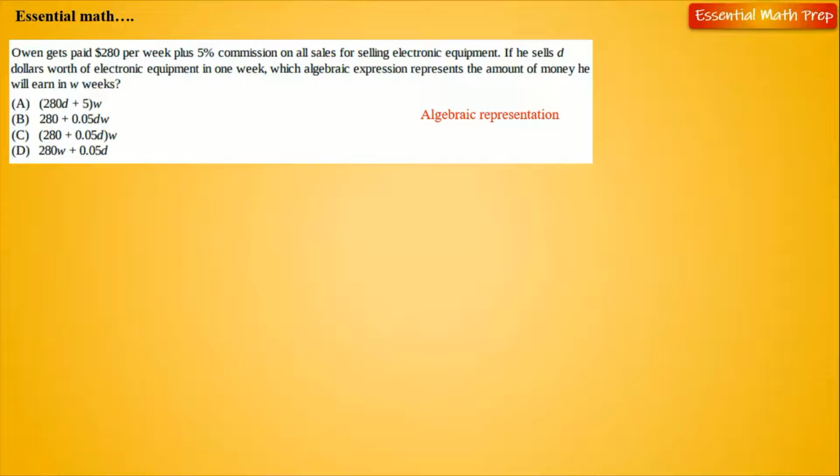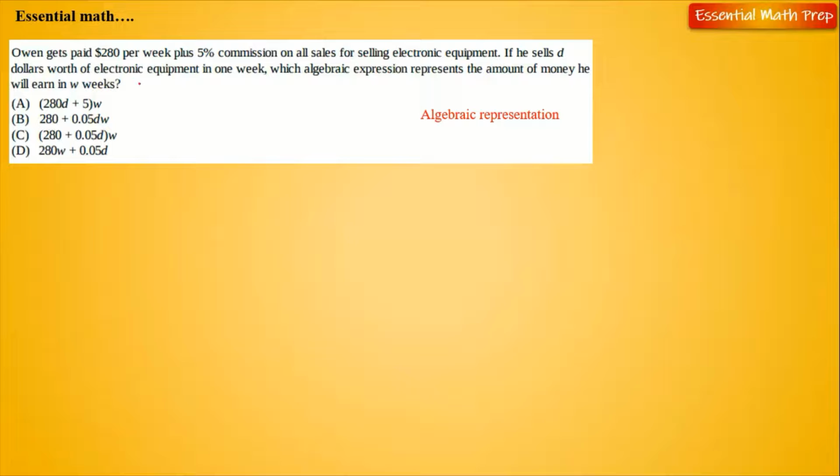So we know that the $280 should exist by itself because that's his basic pay, which means choices A and D are incorrect because 280 does not exist by itself. These are distractor choices, which make you get confused in the process of trying to find an answer.